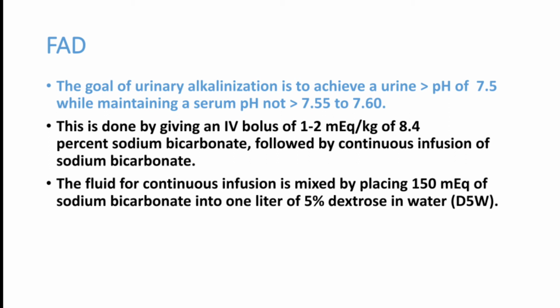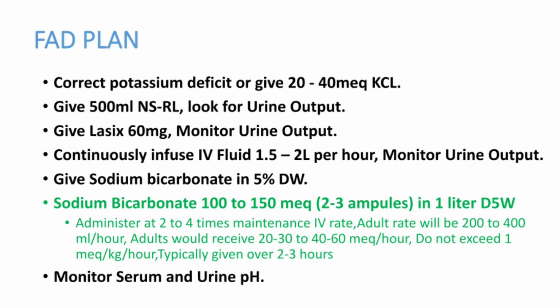The fluid for continuous infusion is mixed by placing 150 milliequivalents of sodium bicarbonate into 1 liter of 5% dextrose. So initially we give 1 to 2 milliequivalents per kg as a bolus dose. Then 150 milliequivalents should be diluted in 1 liter of 5% dextrose water.